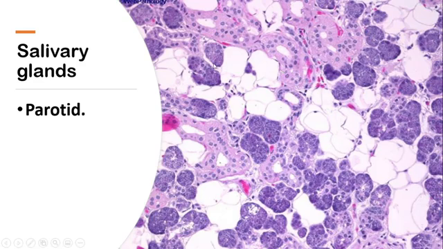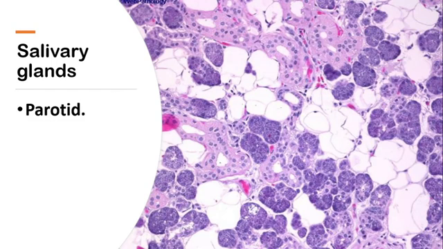Salivary gland lesions or disorders of salivary gland. As we said previously, there are three major paired organs, parotid, submandibular, and sublingual, with other small minor salivary glands distributed throughout the oral cavity.